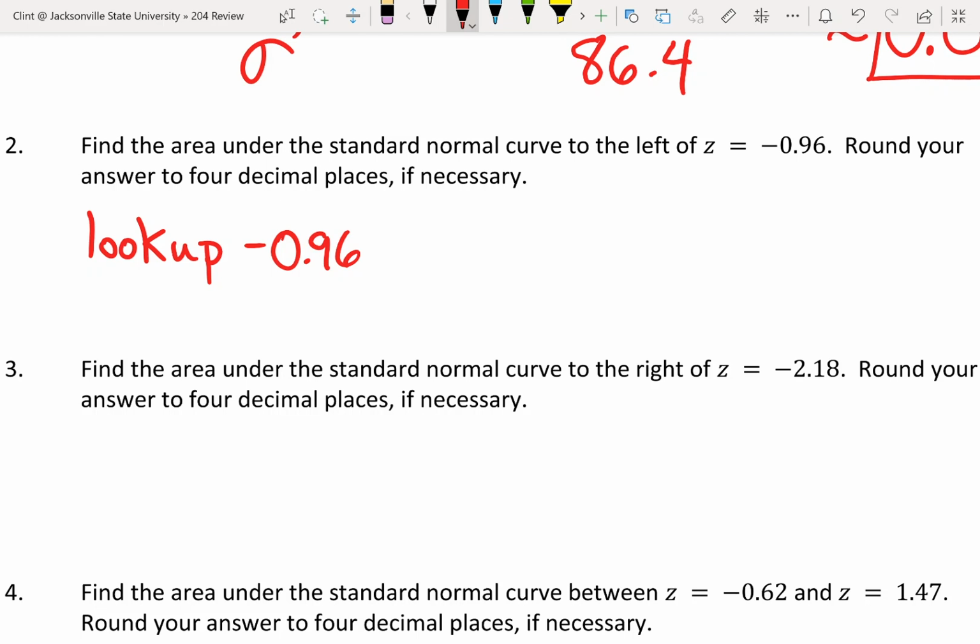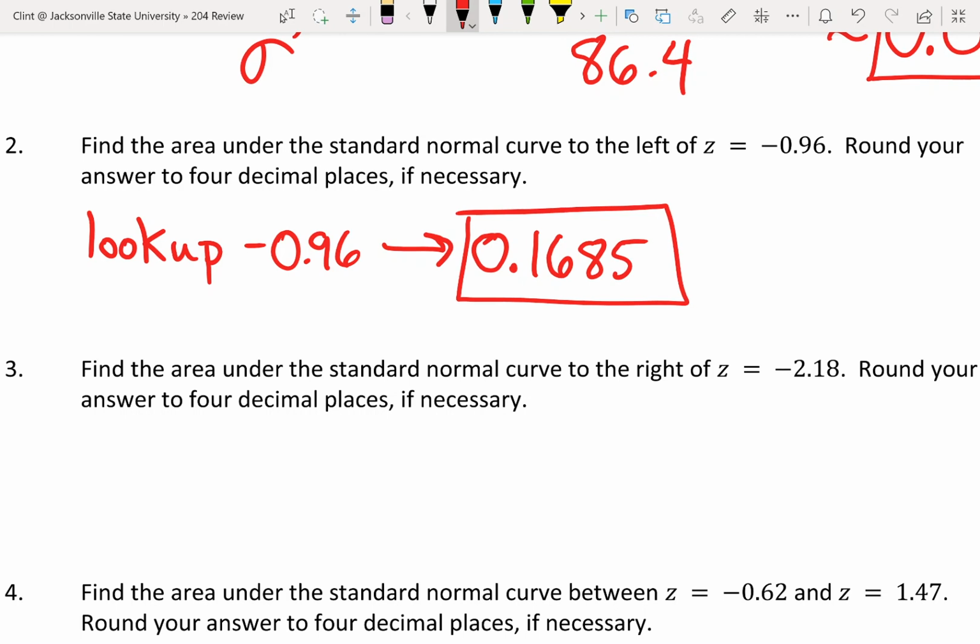Down on the left side we get the first 2 digits, negative 0.9, and across the top the last digit of 6. There I got 0.1685. So for area to the left, we look it up just like it's written.